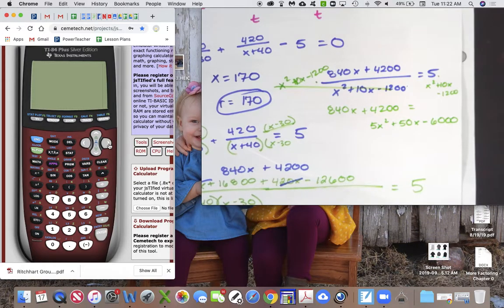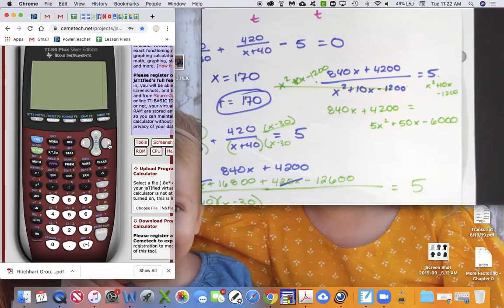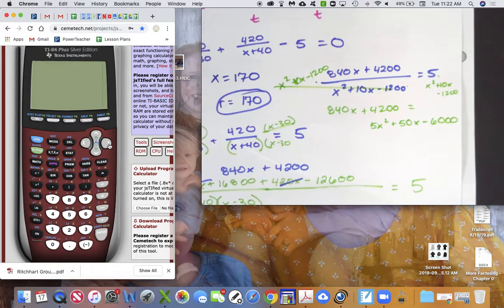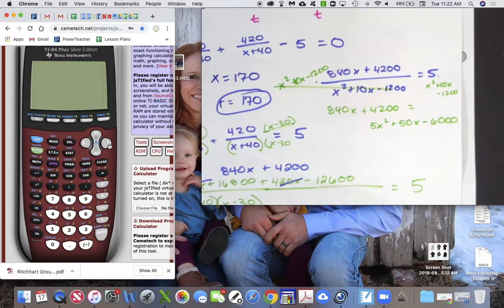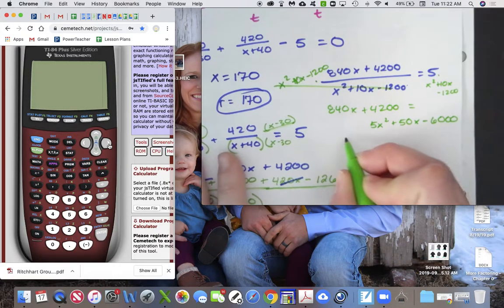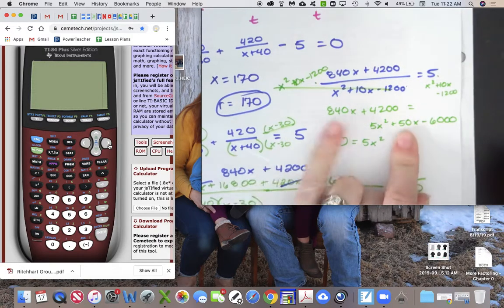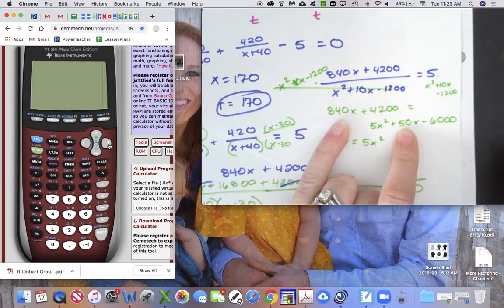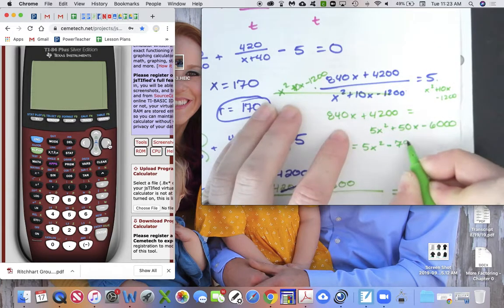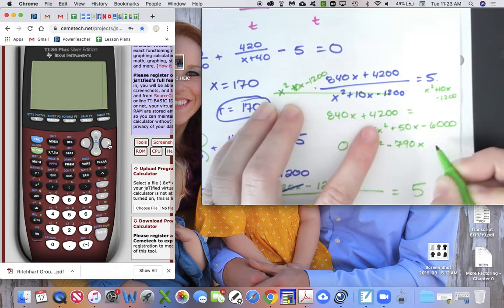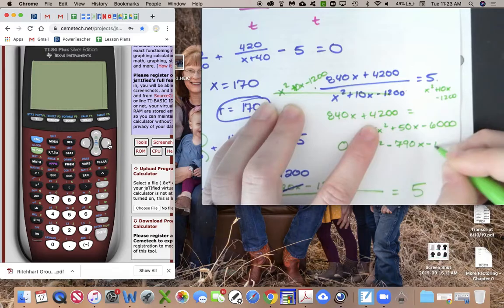Now we get to take out 5. Let's get it all to one side first. Take this and move it to the other side, so I have 0 over here. 0 equals 5x squared plus 50x minus 840x minus 10,200.